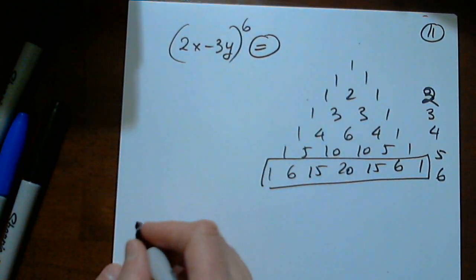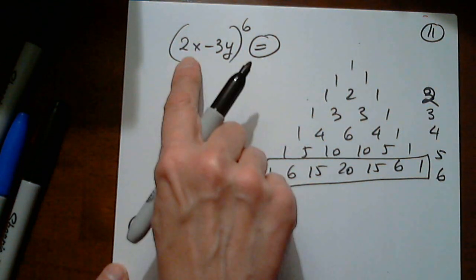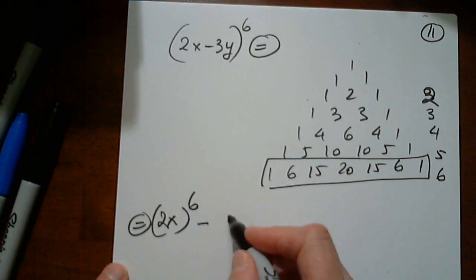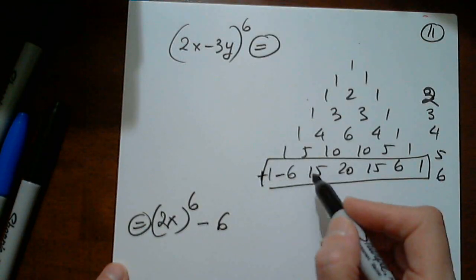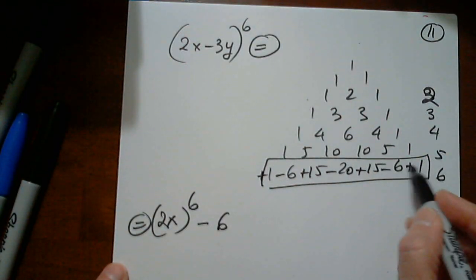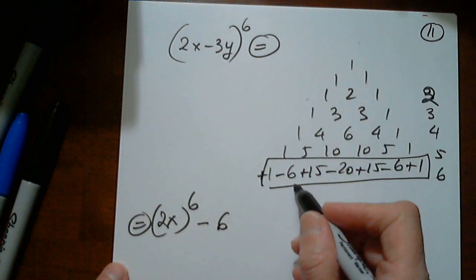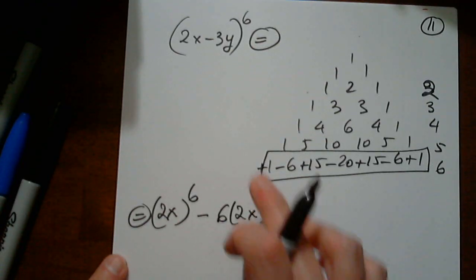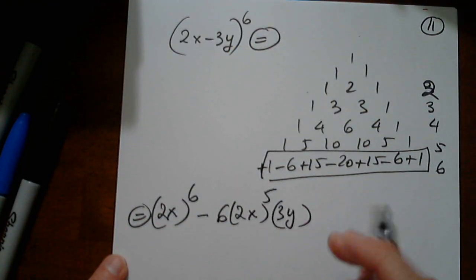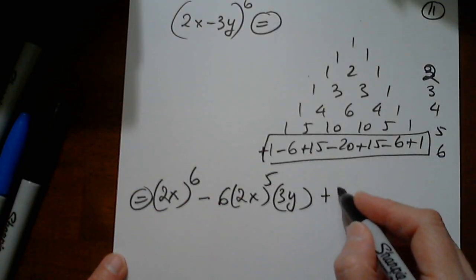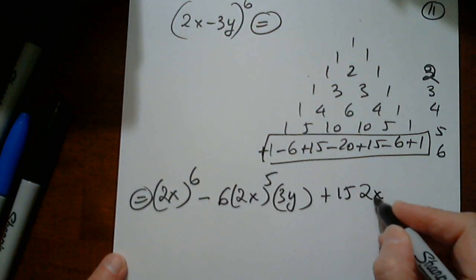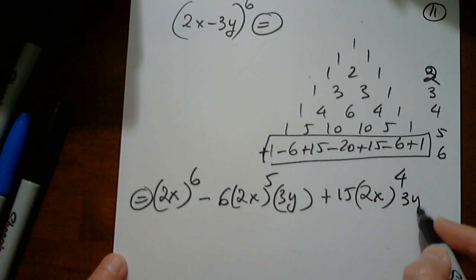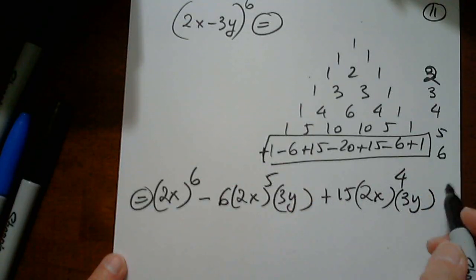So, 1 in front, 2x to power 6, minus 6 in front. So the signs are positive, negative, positive, negative, positive, negative, positive. It's negative 6. 2x decreases its power from 6 to 5, and 3y pops in. 15. 2x decreases its power from 6 to 5 to 4, and 3y increases its power from 1 to 2.